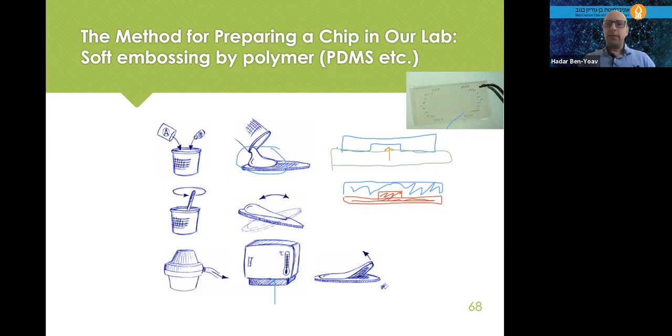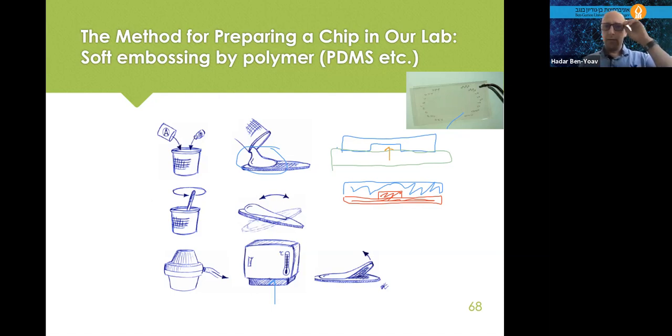So the first part is to make the mold using photolithography with mask and photoresist. But instead of doing the features of, for example, a gold electrode, we leave the photoresist as the negative structure for our channel.